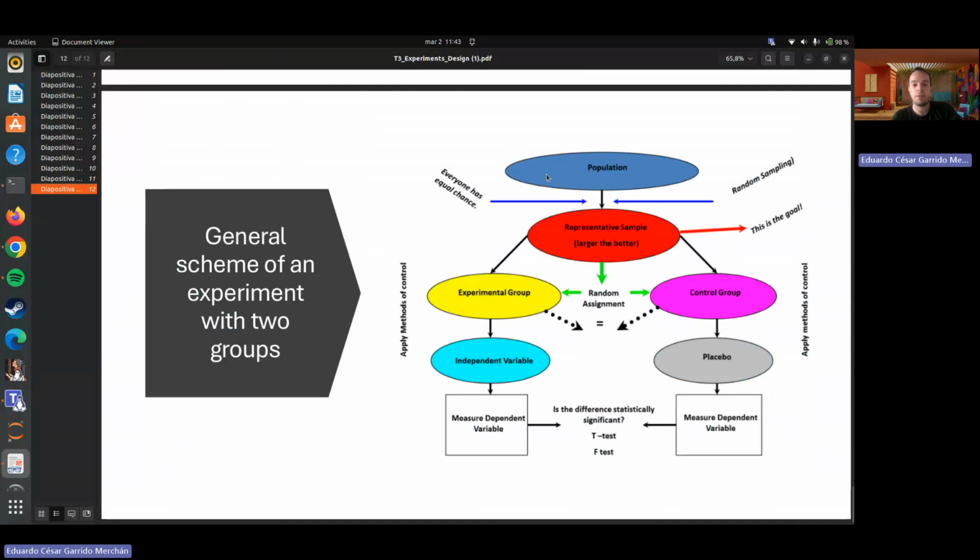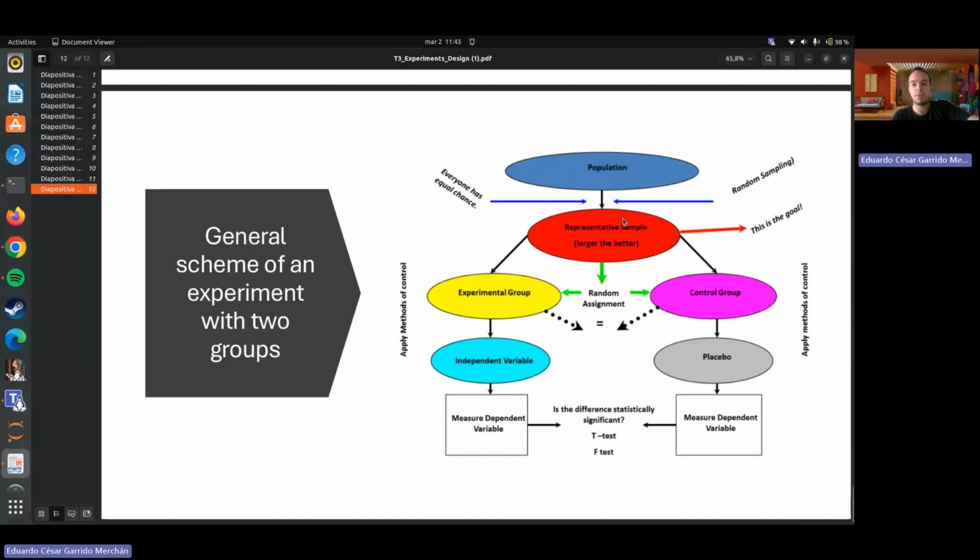So to sum up, we have seen how scientists make experiments, with a small focus on business and marketing. We begin with a population. Then we sample a representative sample, with random sampling, where everyone has an equal chance of belonging to the experiment. There are no selection biases by the experimenter or by the people that are going to take the experiment.